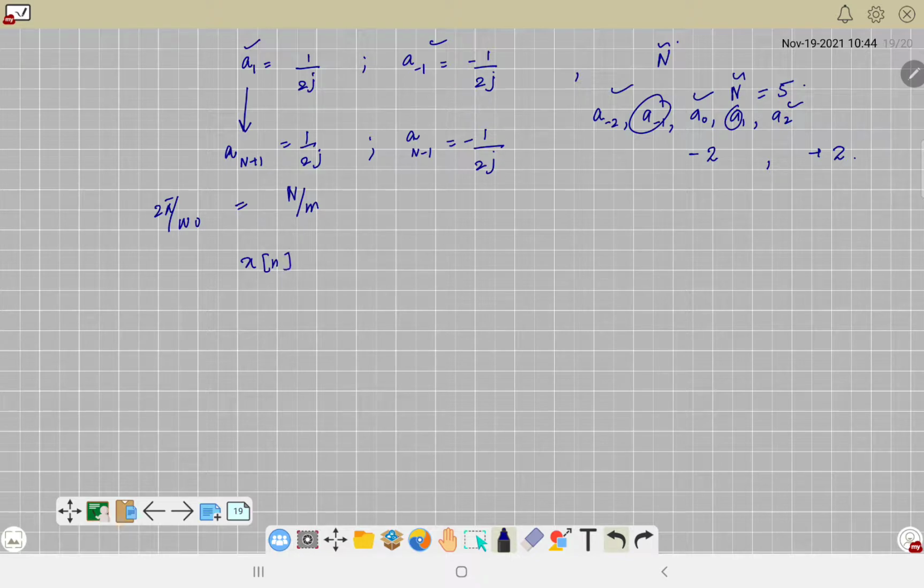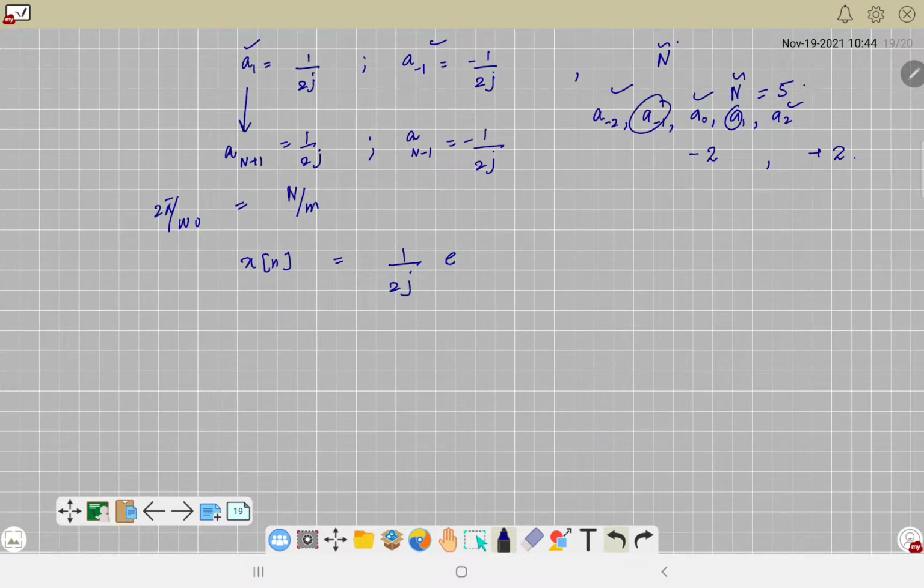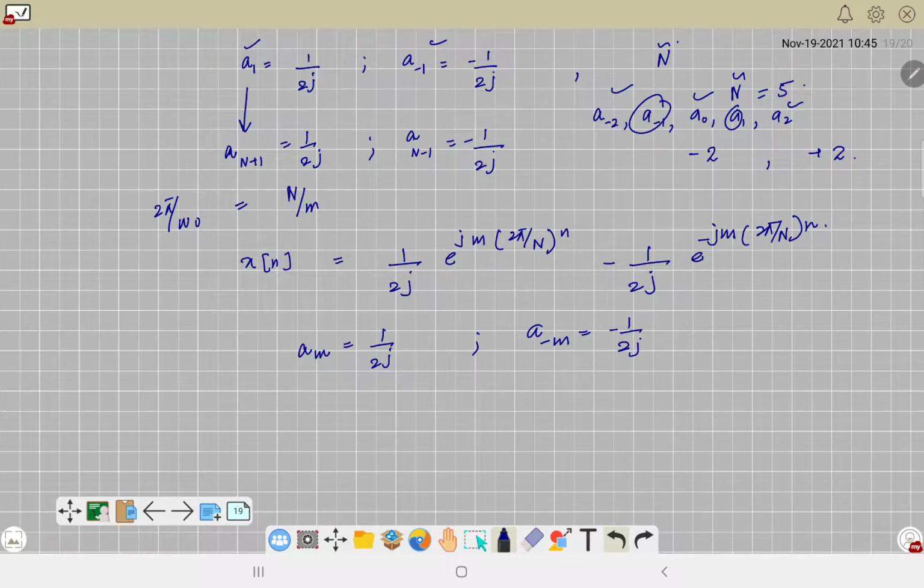So x of n will be equivalent to 1 by 2j e raised to the power j m 2 pi by N, minus 1 by 2j e raised to the power minus j m 2 pi by N. And again, if you compare, your mth coefficient a subscript m will be 1 by 2j, and a minus m will be minus 1 by 2j, because here the period is not defined. It is defined, but it is a ratio of these two things.